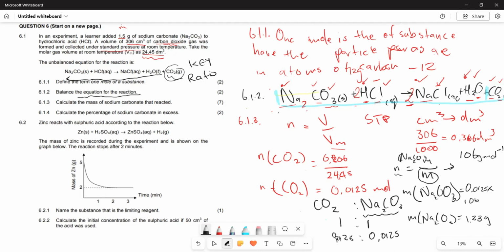Now, this is basically going to be our answer, because this is the grams that is going to react. And this makes sense. Look, what you were given as mass was 1,5, and the only amount that reacted is 1,33 grams, which means indeed this makes sense, right?